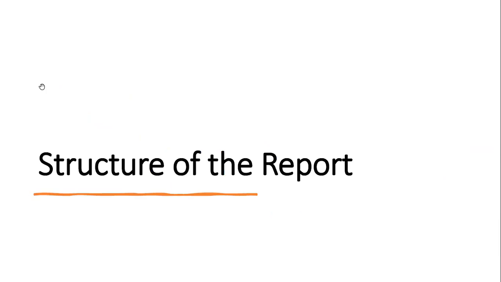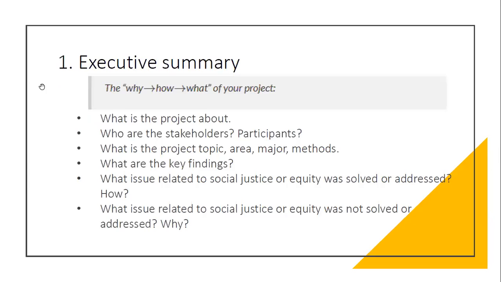What's the structure of the report? Like in the previous slide, I talked about the executive summary. What do you want to have in the executive summary? We want to answer three questions: the why, the how, and the what of the project.